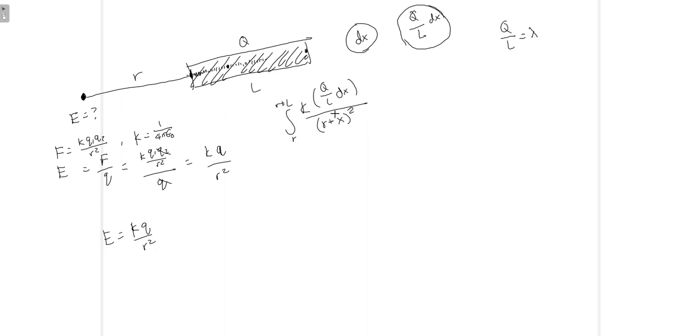Now, the distance here is just where x is. For example, if x is here, then the distance is r plus this section, because we're integrating from r to r plus L. So our position will be x, because x is the total distance here, and we integrate from r to r plus L of the integrand over x squared.